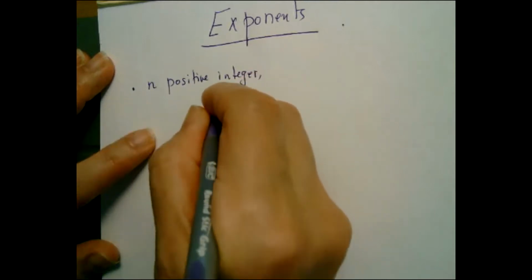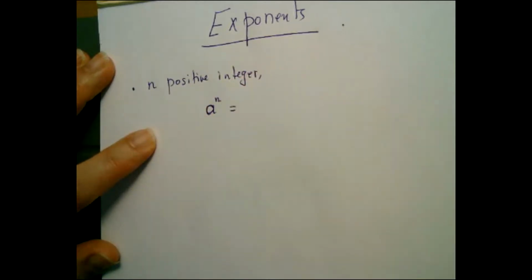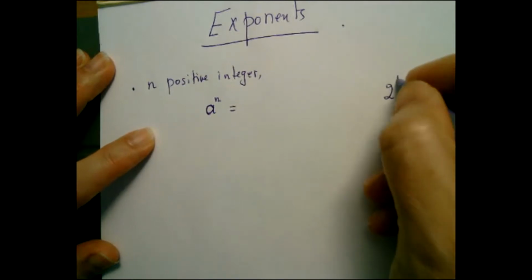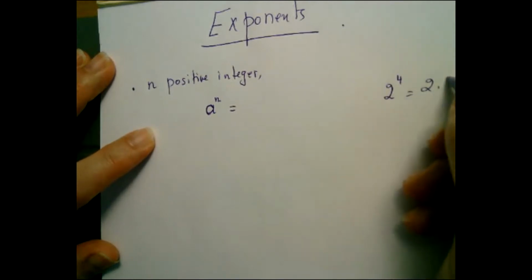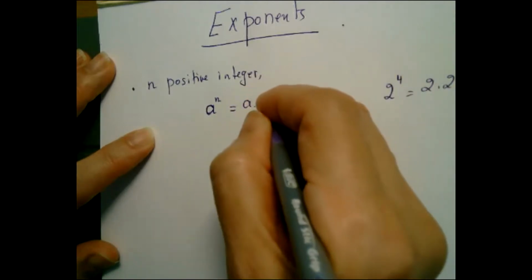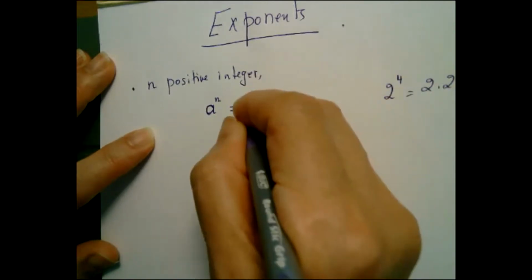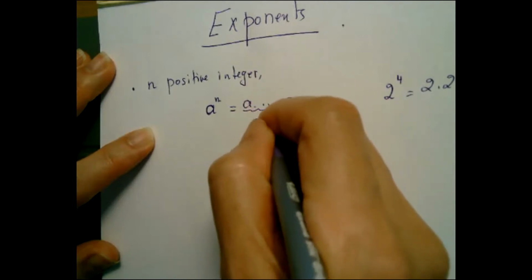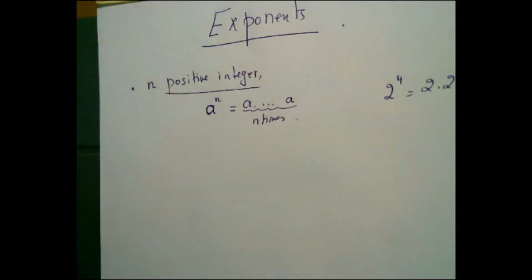Okay. A to the n, we all know what it is. So 2 to the power 4 is basically you multiply 2 by itself 4 times. So a to the n means you take the number a and you keep multiplying it as many times as n is. Okay, so that's fairly simple.